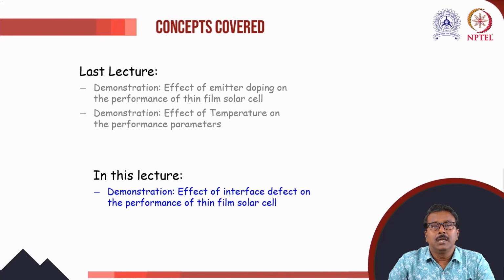Before simulation, let us discuss briefly what effect the defects have on the performance parameters, say open circuit voltage, short circuit current, efficiency, etc., how they change with the defects. And after that, you will be observing the simulation process.